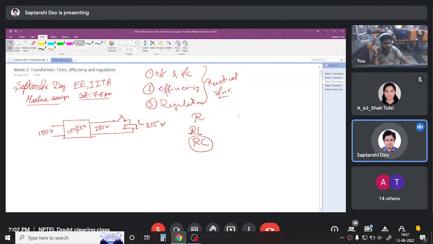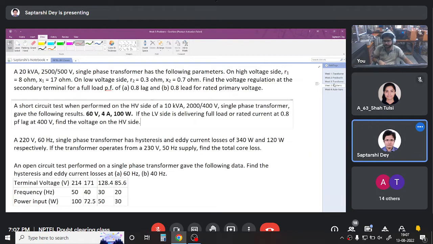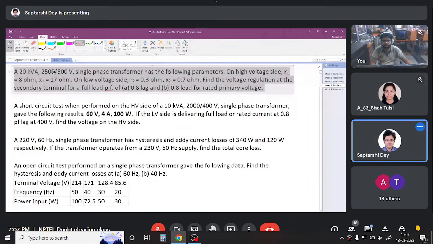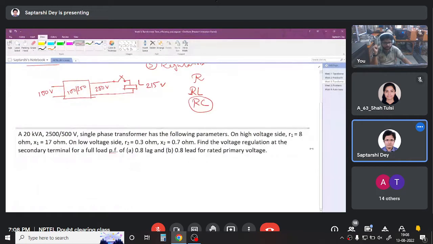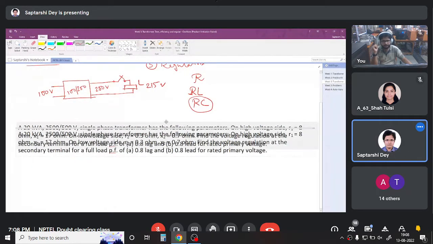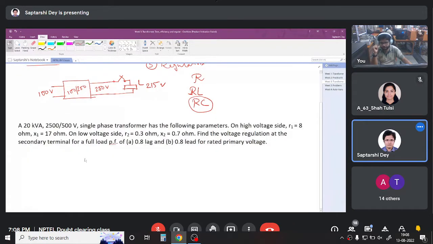Okay, so if you don't have any doubts, we will straight away jump to problems. You first read the problem. kVA transformer, 2.5 kV to 500 volt, single phase transformer has the following parameters.